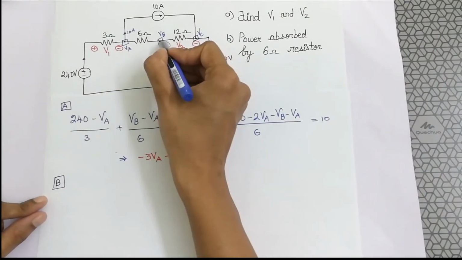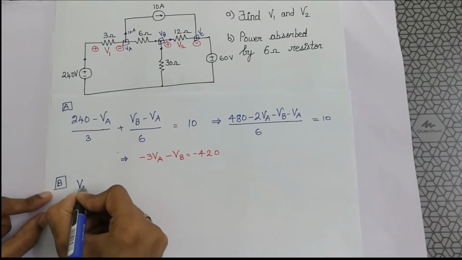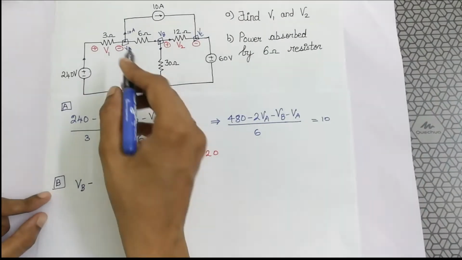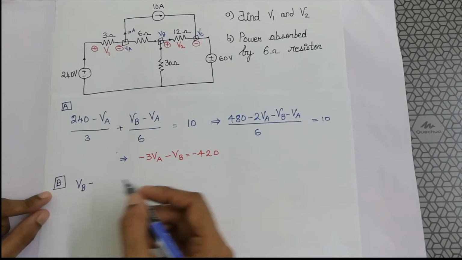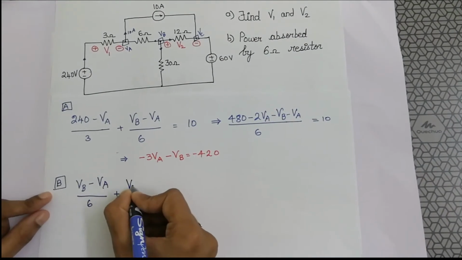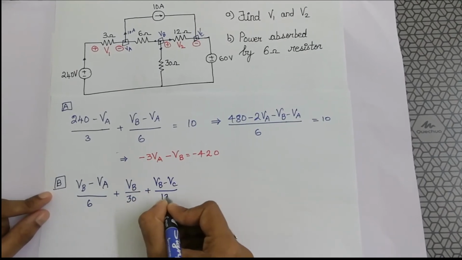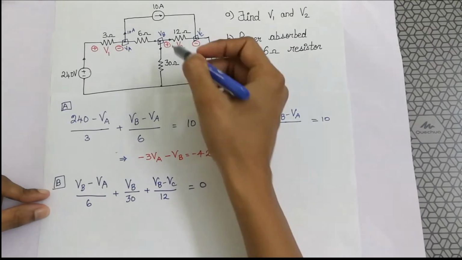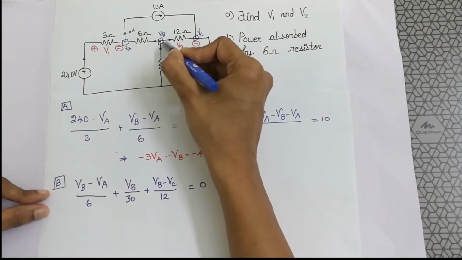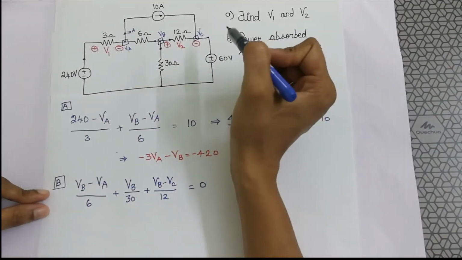I am now assuming that all the currents are leaving this node. So, VB has the highest potential compared to VA and VC according to our assumption. That is why all the currents are leaving this node.